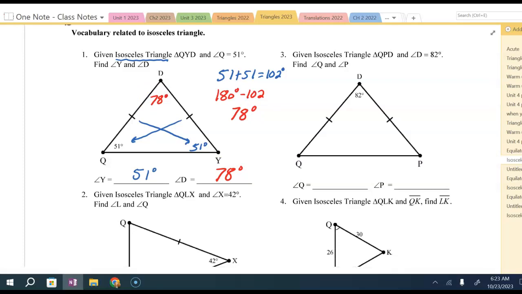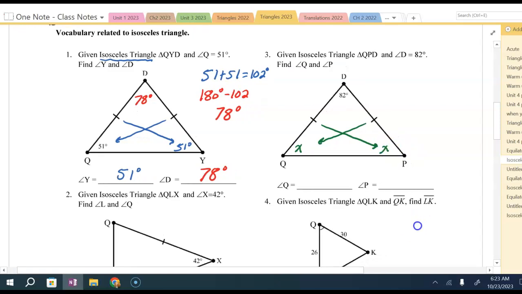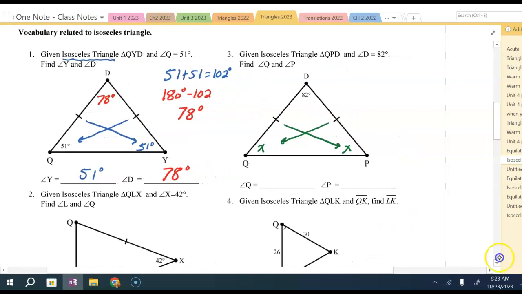In problem number 3 to the right, across from the legs, these two base angles are equal. Last year, some people liked to call that x, and then they would set up a little equation. x plus x plus 82 is 180 degrees. So 2x plus 82 is 180 degrees.